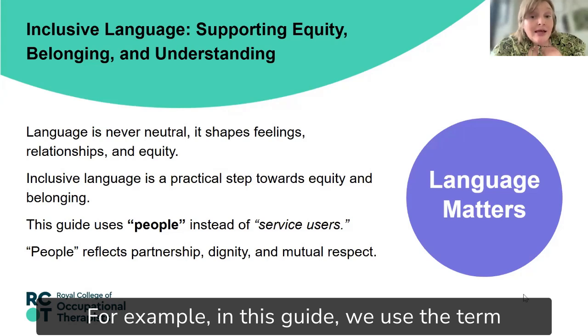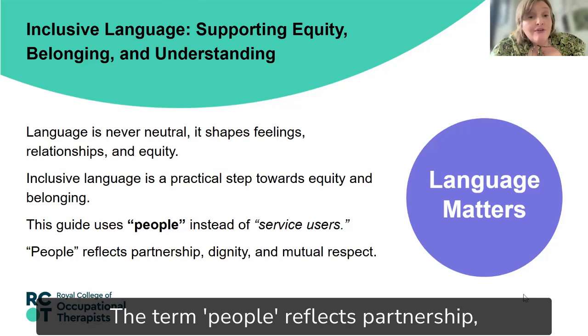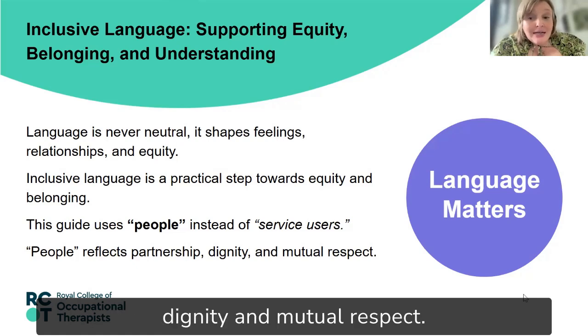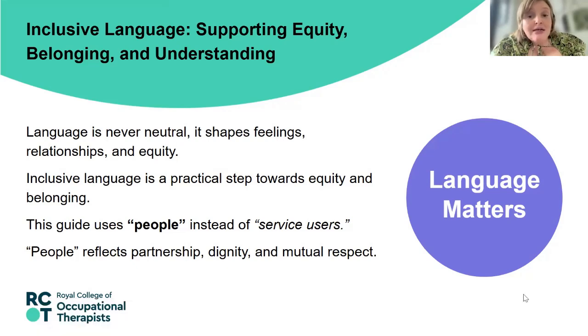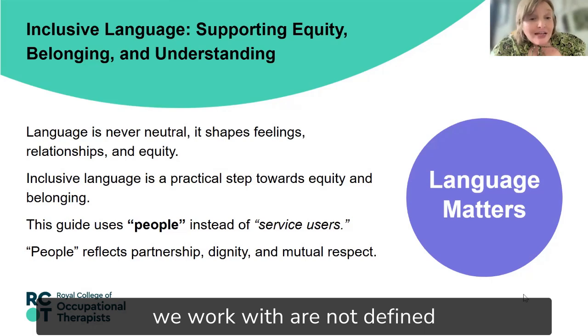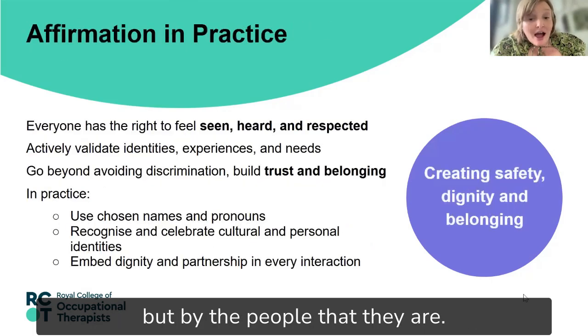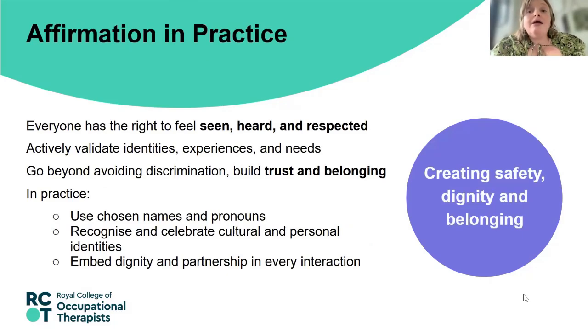For example, in this guide, we use the term people instead of the term service user. The term people reflects partnership, dignity, and mutual respect. And it reminds us that those that we work with are not defined by the services that they're accessing, but by the people that they are.